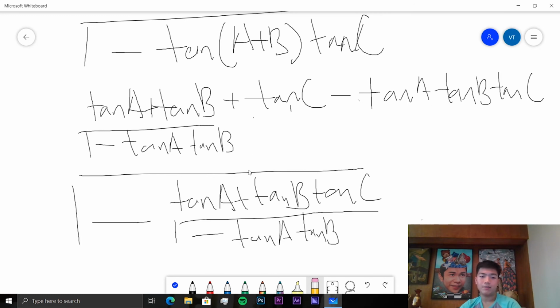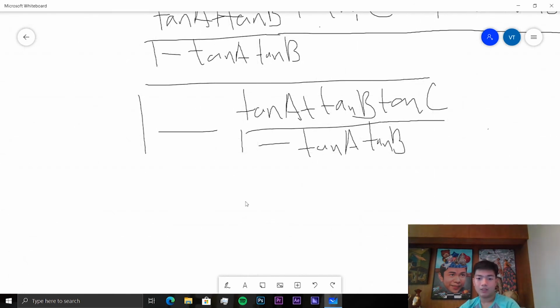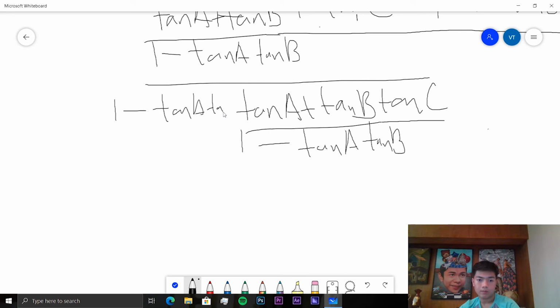So we have tan a plus tan b plus tan c minus tan a, tan b, tan c over 1 minus tan a, tan b, and then we can convert this into that fraction again. So we have 1 minus tan a, tan b plus tan a, tan b, tan c.